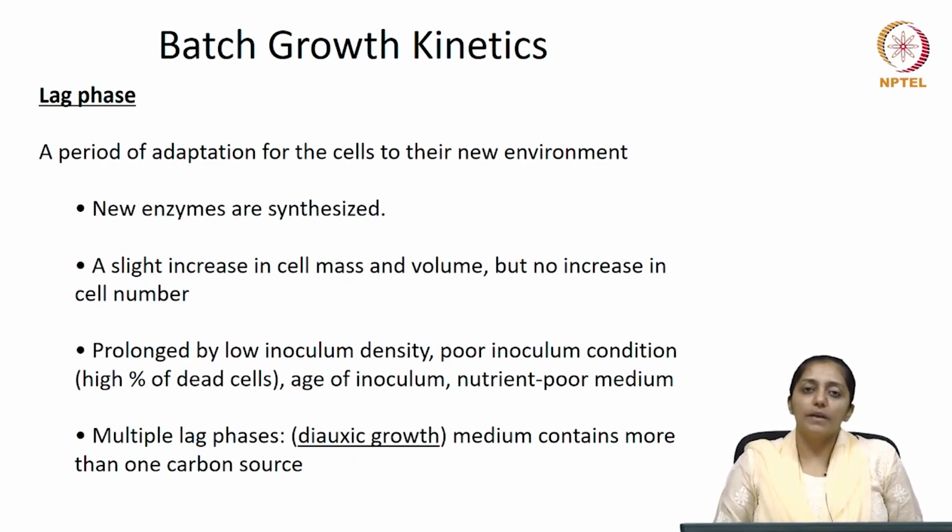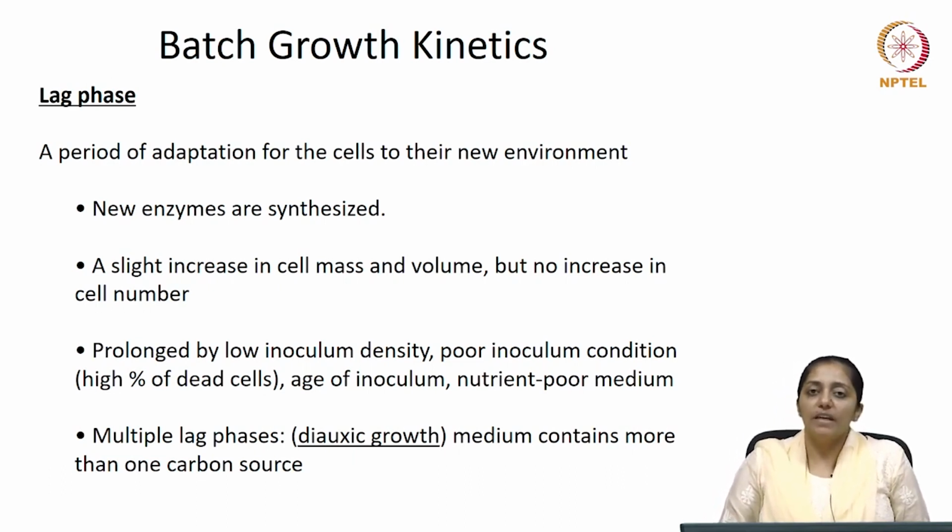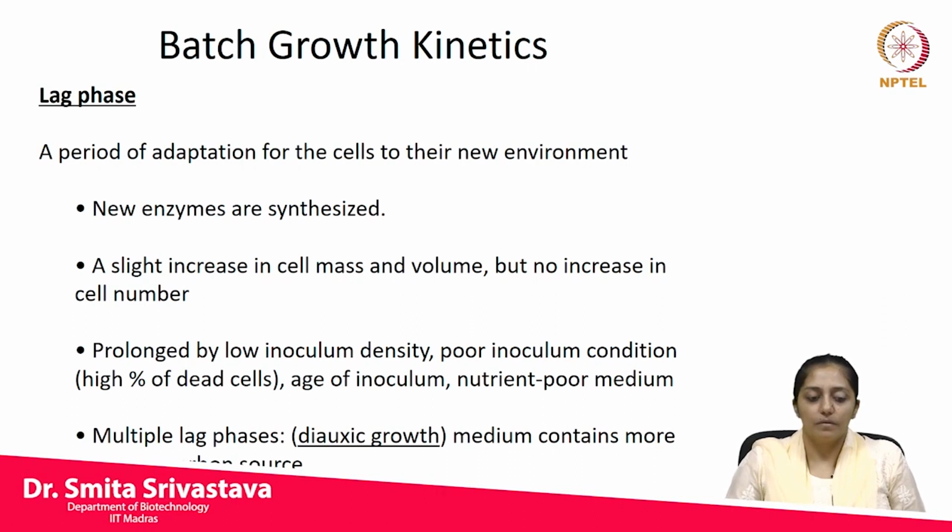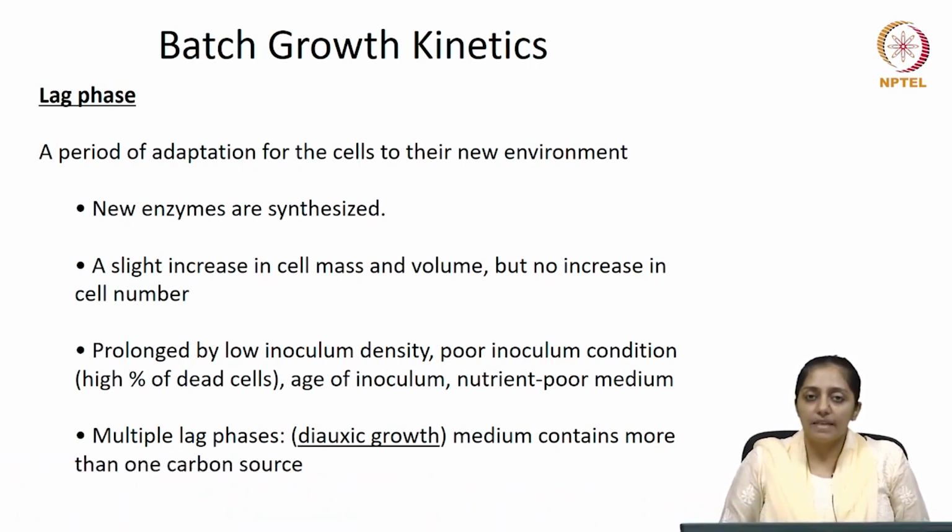Now, let's try to know a little more about the key phases in the batch culture growth curve. The lag phase, as I said earlier, is a period of adaptation for the cells to their new environment. You remember the lecture where I spoke about a seed fermenter, and I said seed means the starter culture.